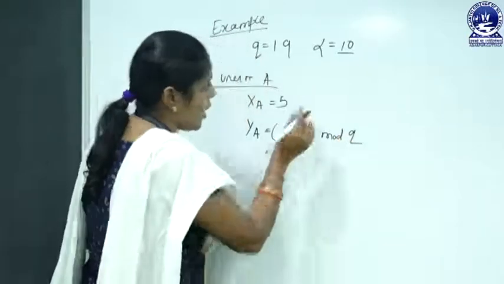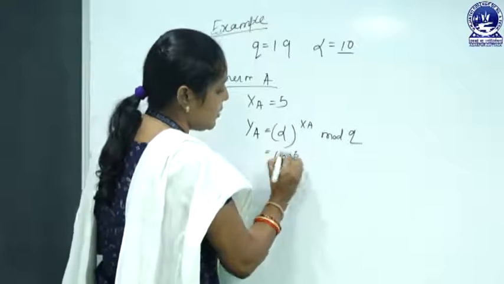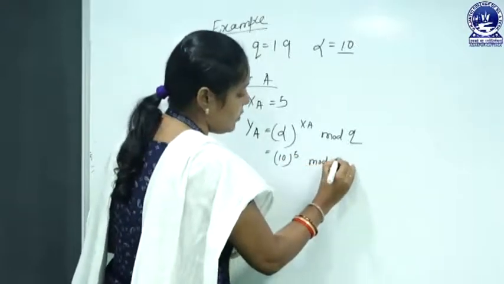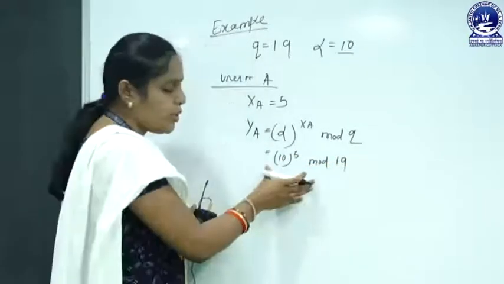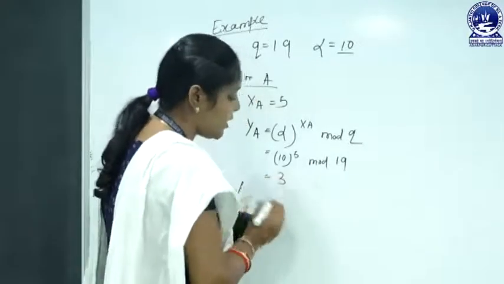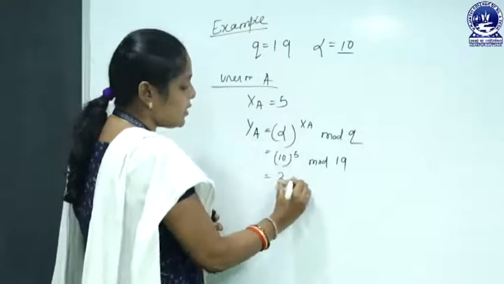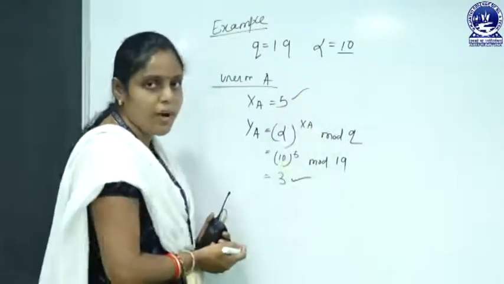Now here alpha value is 10 to the power xa, that is 5, then mod 19. If you calculate this value, then you get the result, that is 3. That means here the public key value is 3 and the private key value is 5.